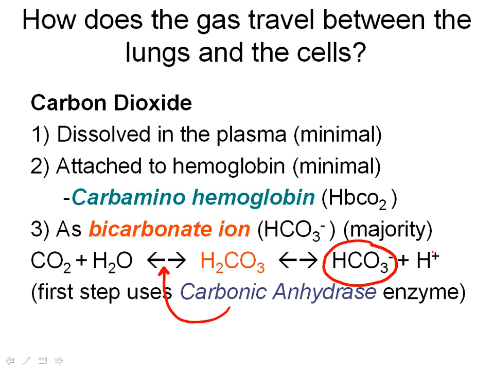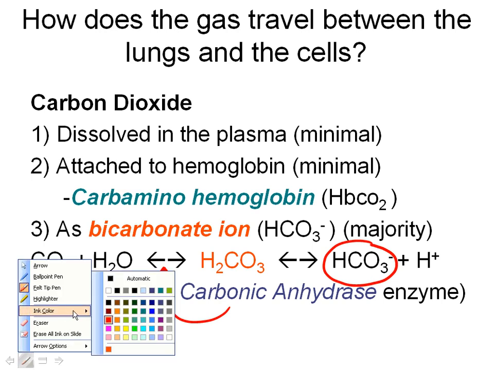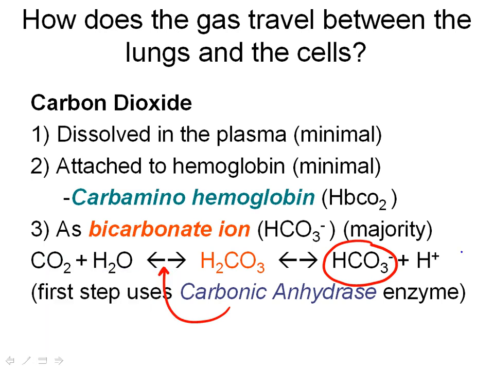But then it also converts into this H+. And I want you to think about that for a moment. Be a chemist for me. There's a bit of an issue with H+. H+ makes things acidic.